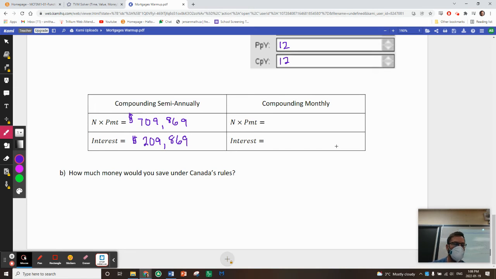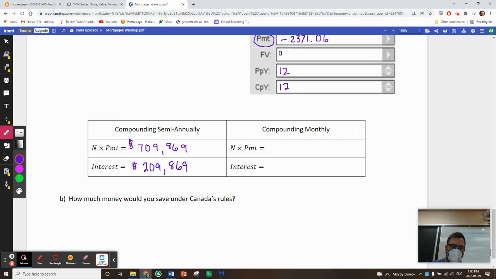All right, let's find the interest for the American bank. 300 times 2371.06. 711,318 seems about right. Subtract 500,000.